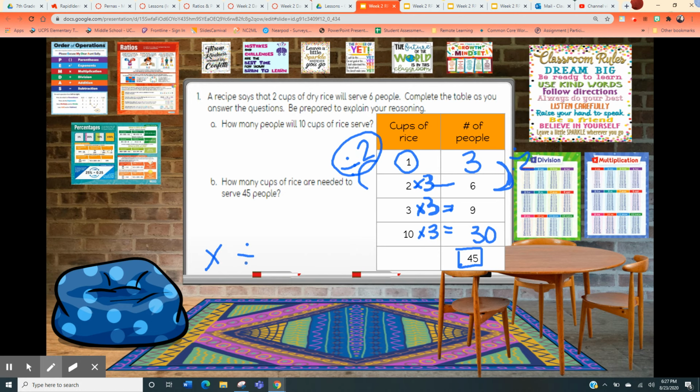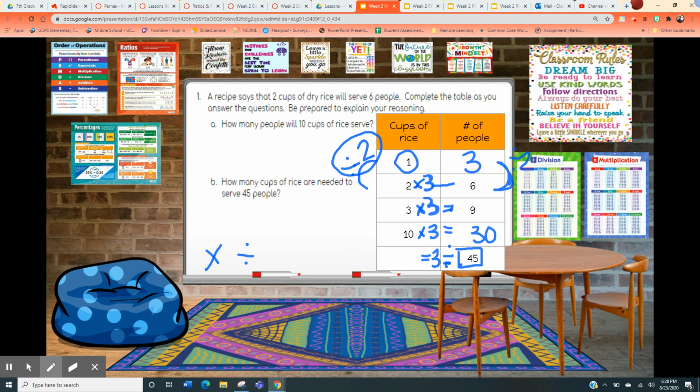So the opposite of multiplication would be division. So I'm going to go ahead and divide 45 by 3. So remember, you can use your calculator, you can use your paper and your pencil. 45 divided by 3.